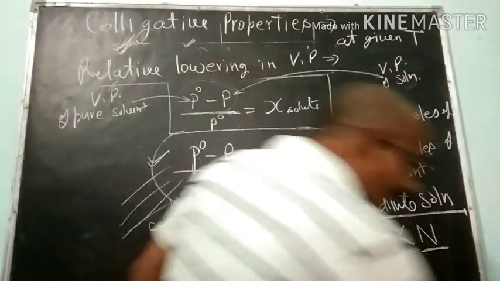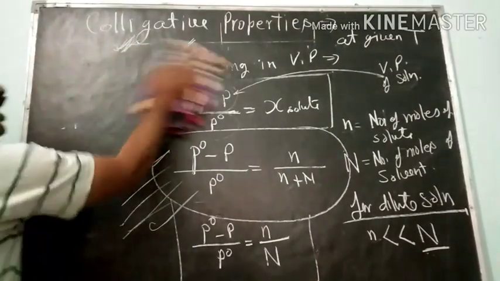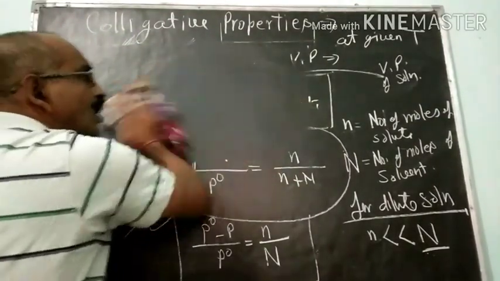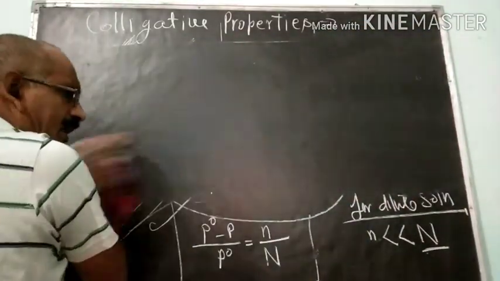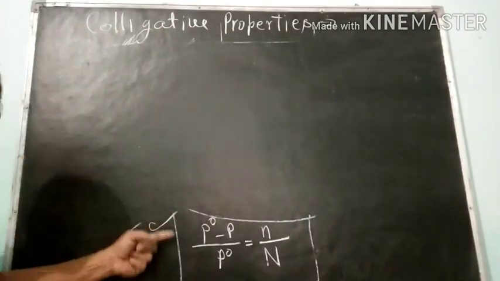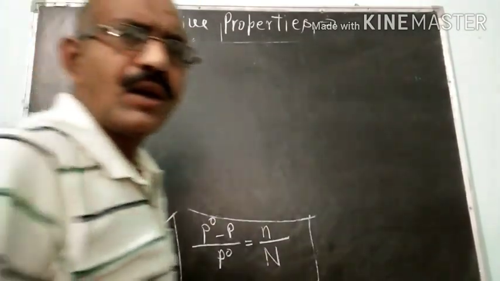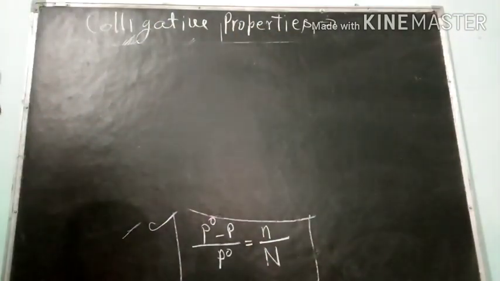Now, as you know, the main application of the colligative property is to determine the molecular mass of the solute. So using this expression, we can determine the molecular mass of the solute.